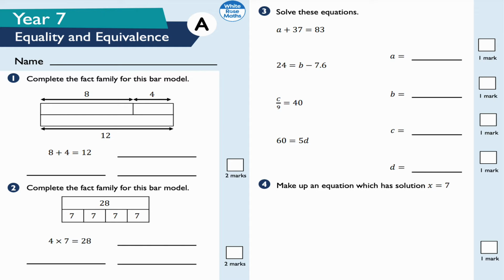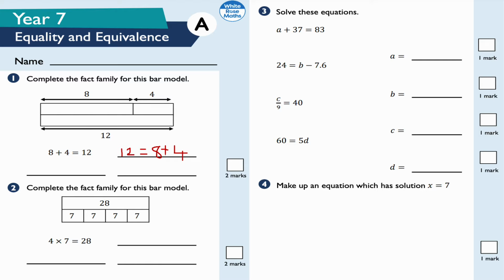Complete the fact family for this bar model. I've got 8 and 4, which is 12. So 8 plus 4 is 12. Well, I can also say that 12 is equal to 8 plus 4, because 12 is the same as saying 8 plus 4.